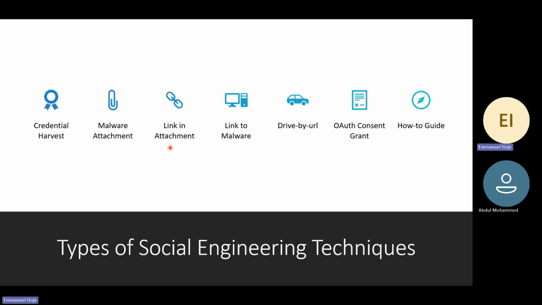Now, the third social engineering technique is a link in attachment. This technique is a hybrid of credential harvest and malware attachment, because there's a link inside an attachment. An attacker sends the recipient a message that contains a link inside an attachment.